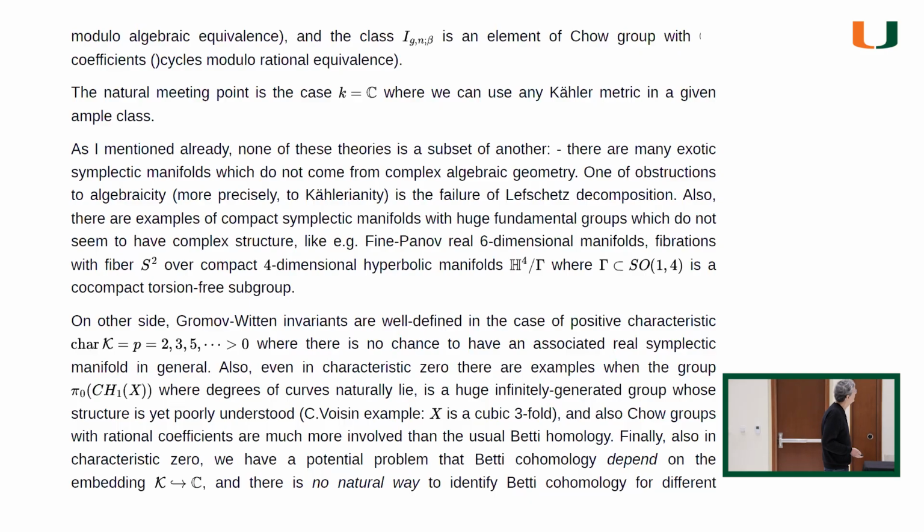It's something different. And of course, if you reduce to usual homology and have a variety over complex numbers, then choose a Kähler metric, then you identify equations from real symplectic geometry, Gromov-Witten invariants and Gromov-Witten invariants from algebraic geometry.